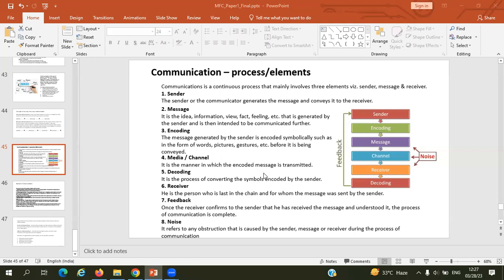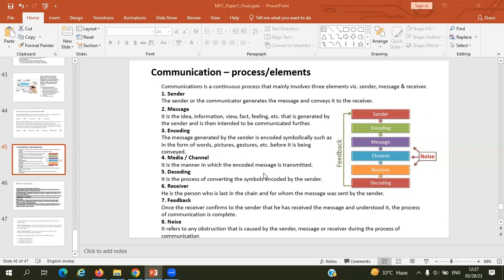Or suppose I am taking a class of yours now through Zoom. So Zoom is the media. Your online communication is the media, is the channel. Receiver is another element. Receiver means who is receiving my communication? You are the receiver.